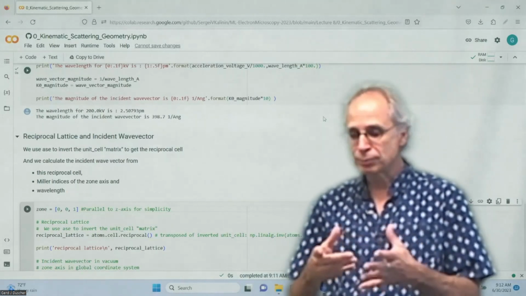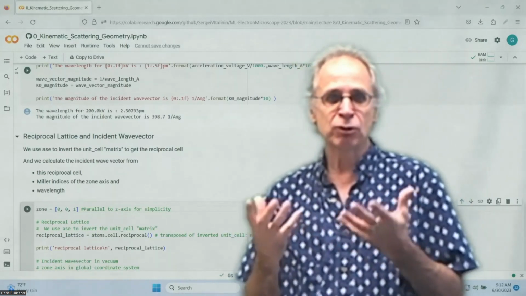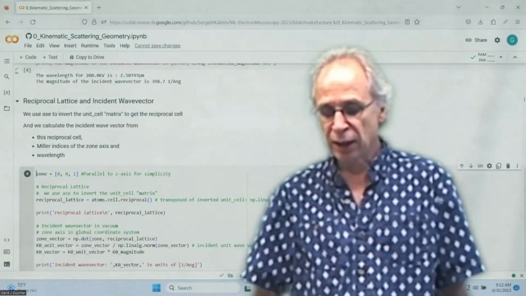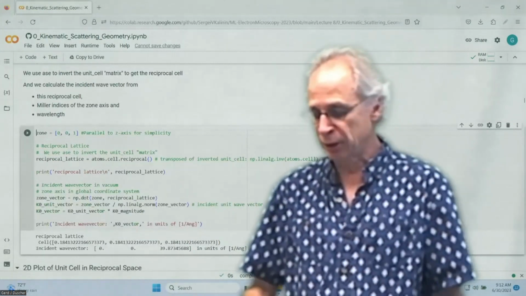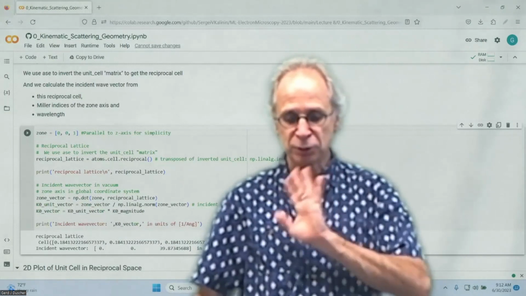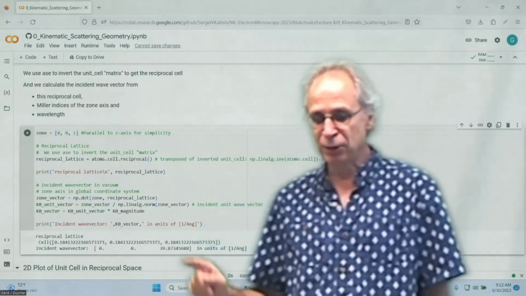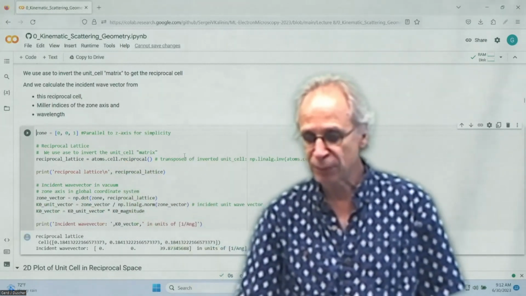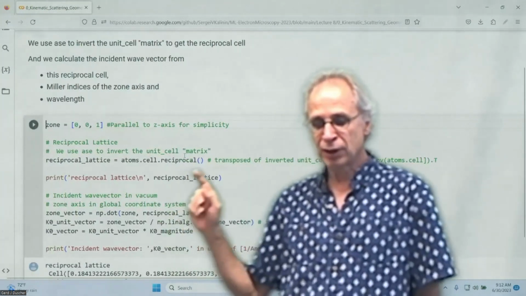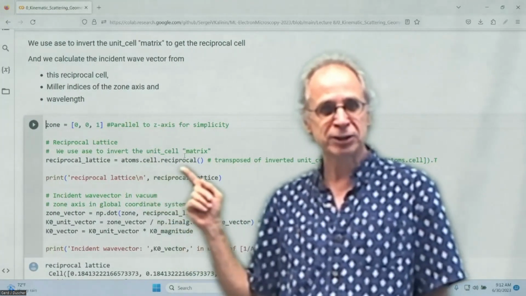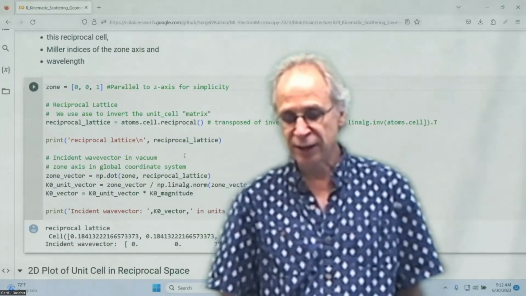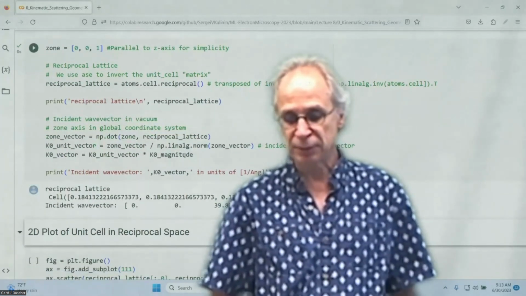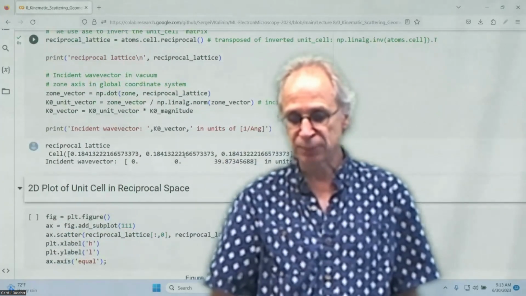Now we have to have this real space crystal in reciprocal space. And that is something we all learned in physics. You learned it too, might have forgotten it. The way we do that is we use the ASE atoms object, we just say, get me the reciprocal, and they take care of all the intricacies that might happen, but really it's just going into reciprocal space here.